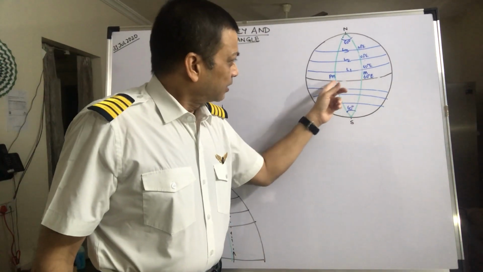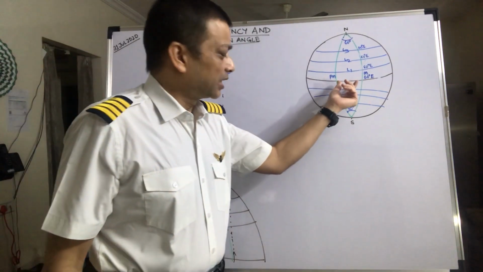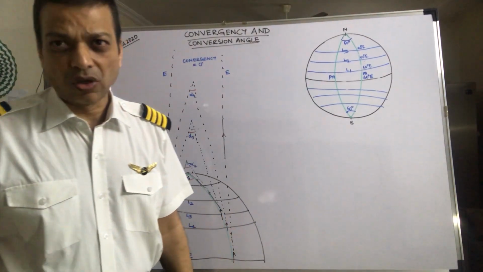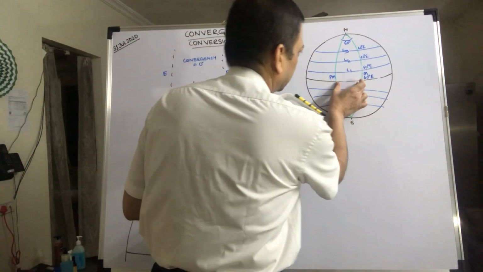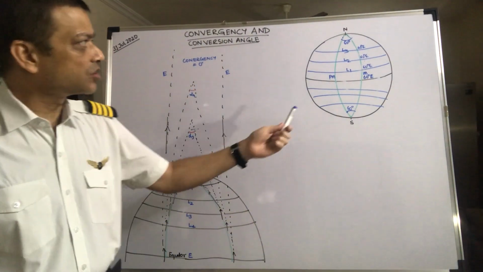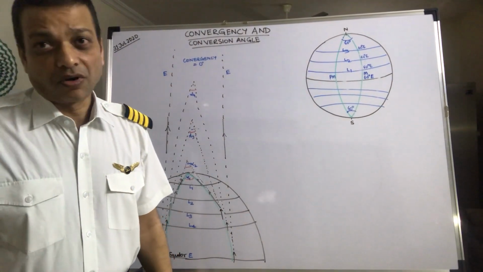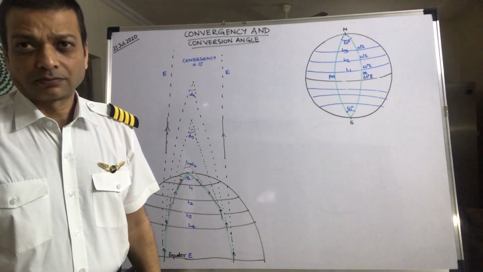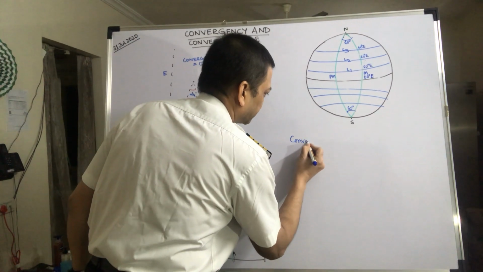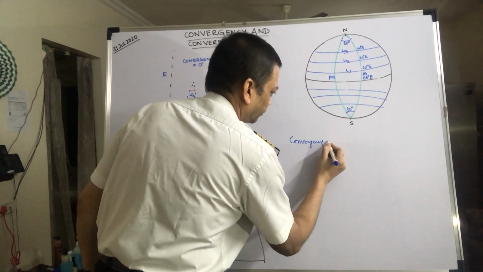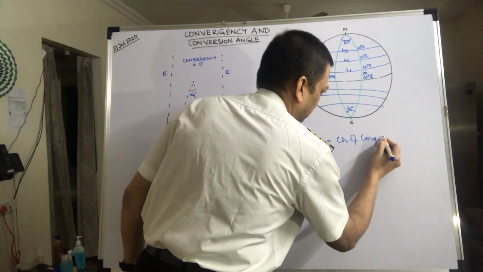The angle which they make at any particular latitude is called the change of longitude. So this change of longitude of 60 degrees is also the change of longitude at the North Pole or at the South Pole. Here we can write that the convergency is equal to the change of longitude.